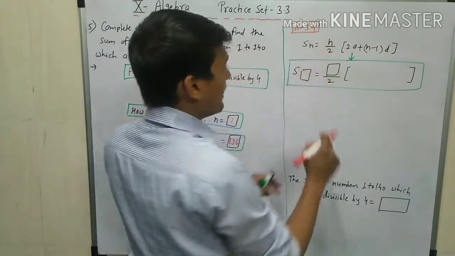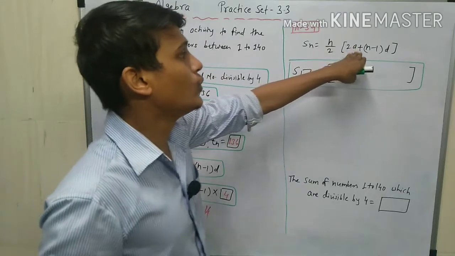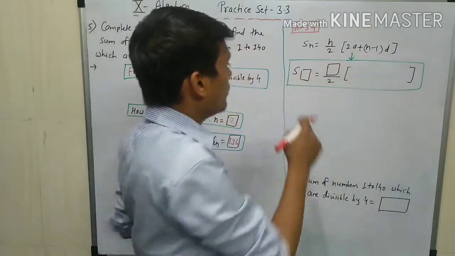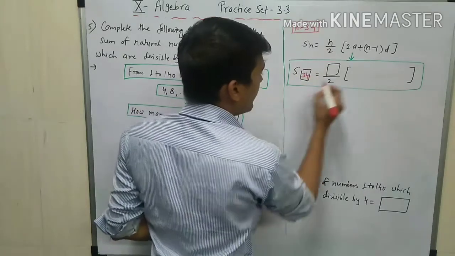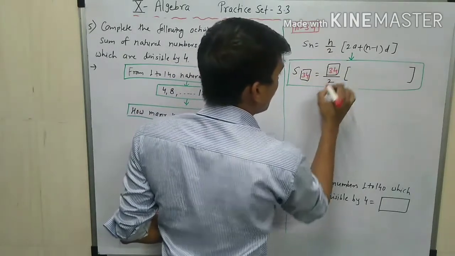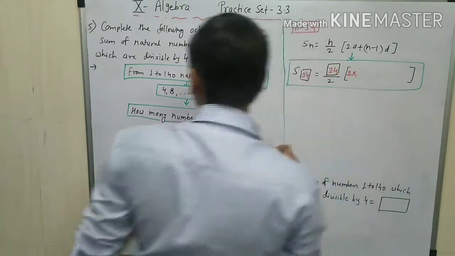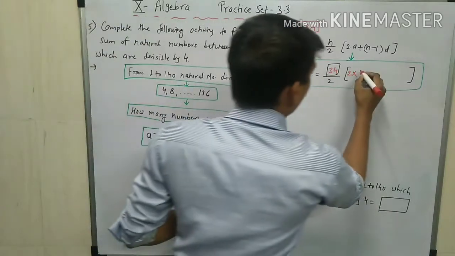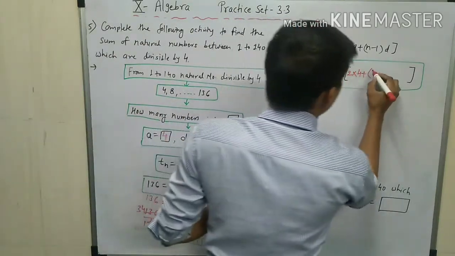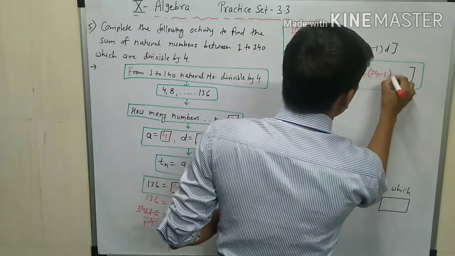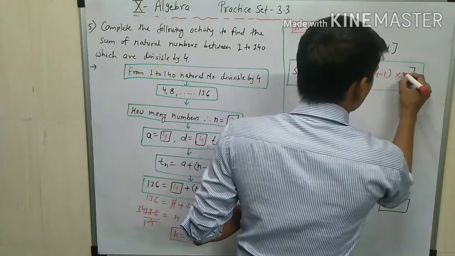Now Sn is equal to n upon 2. This is the formula: Sn is equal to n upon 2, bracket 2a plus (n minus 1)d. What is the n value? The n value is 34. We put 34 here and also here. Then 2a means 2 into the a value, which is 4, plus n, the n value 34, so 34 minus 1, and d is 4, into 4.